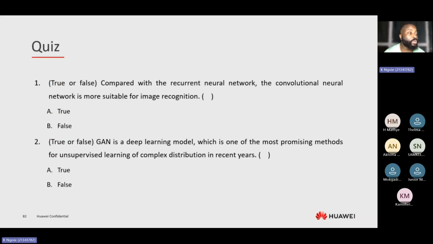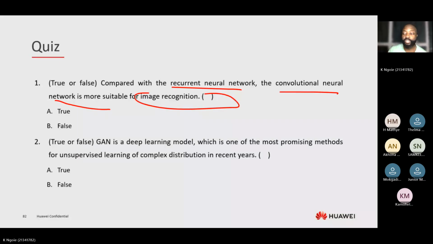So just before we close, can we just look at this quiz? True or false: compared with the recurrent neural network, the convolutional neural network is more suitable for image recognition. True or false? True. Perfect. All right. True or false?